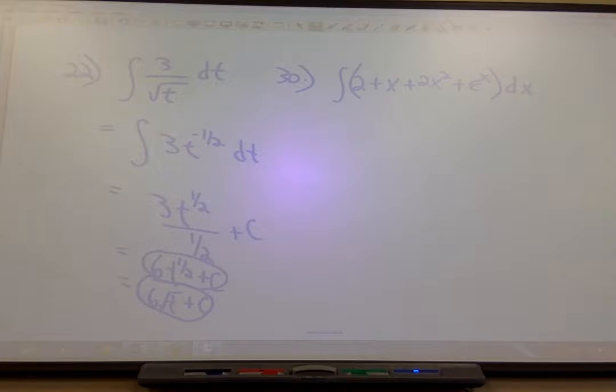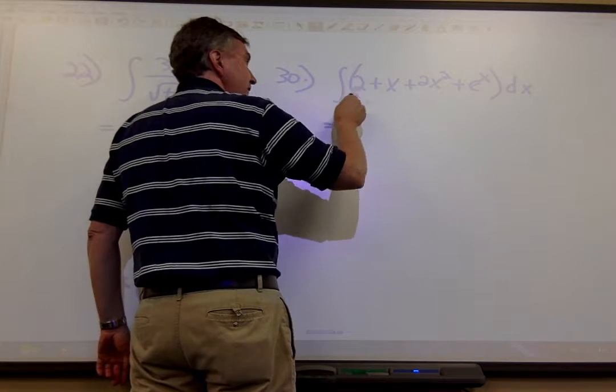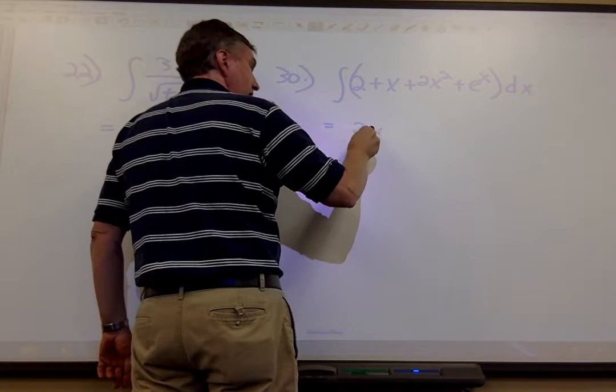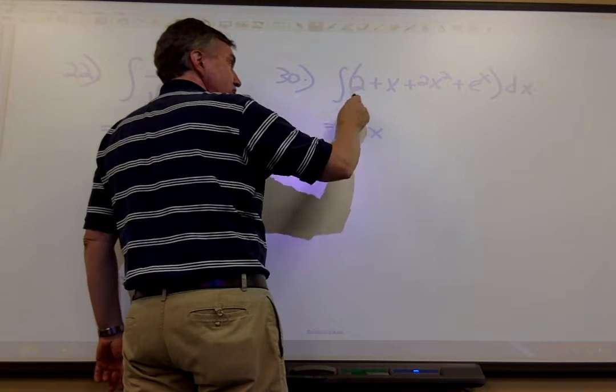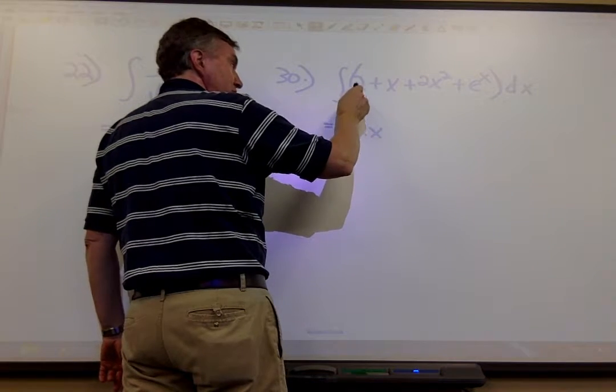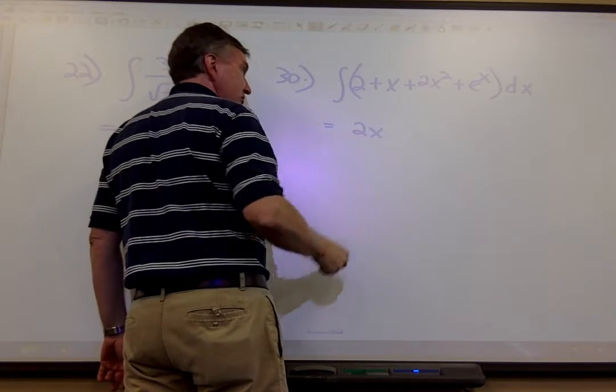What's this? 2x, right? Remember that ax rule? If it's the integral of a, it would just be ax. That's good. Or 2x to the first over 1 is great.